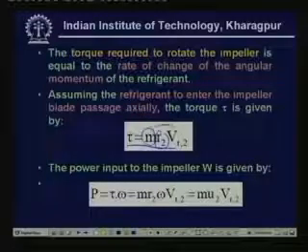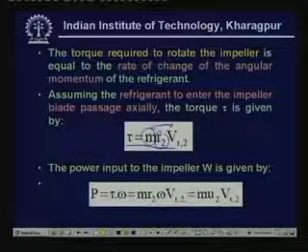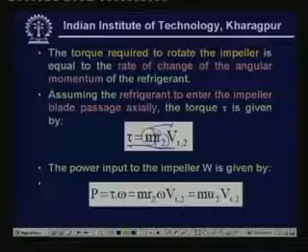Mass flow rate into velocity gives you the linear momentum, multiplied by the radius r2 gives you the rate of change of angular momentum, which is the torque tau.